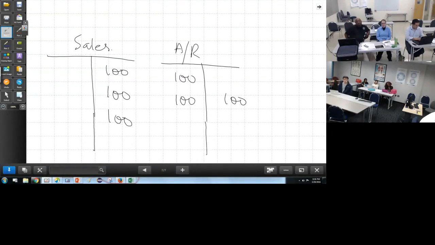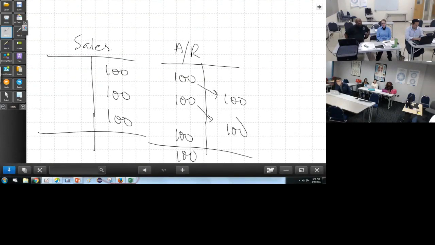So when we make a sale, it is added to the accounts receivable, but we collected this one from the customer. Make sense? What is the balance on the accounts receivable now? That is 100. 300 total accounts receivable generated and then 200 collected. But the total sales are 300 in this case.